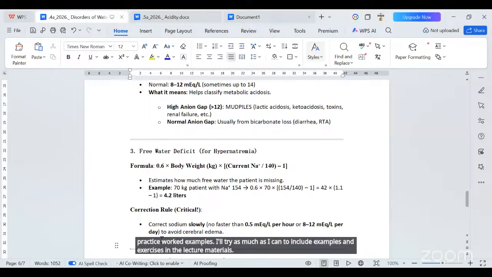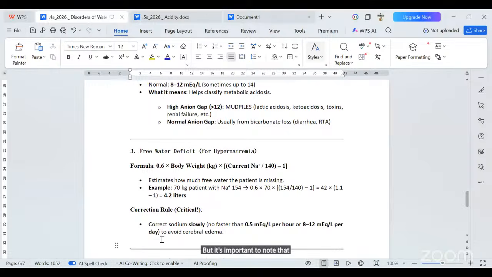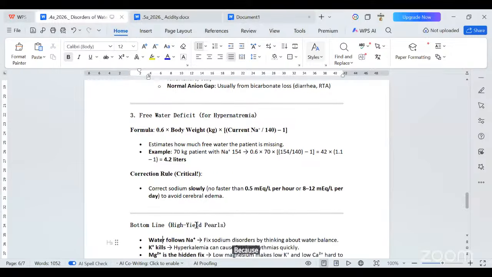But it's important to note that the sodium level must be corrected if it is low or too high. It must be corrected slowly to avoid cerebral edema, because anything that happens to the brain most of the time is irreversible.